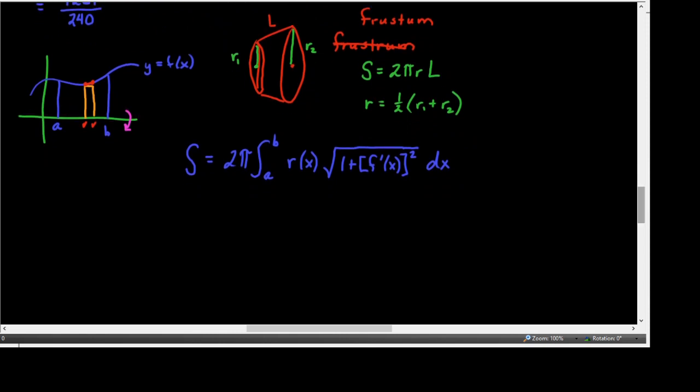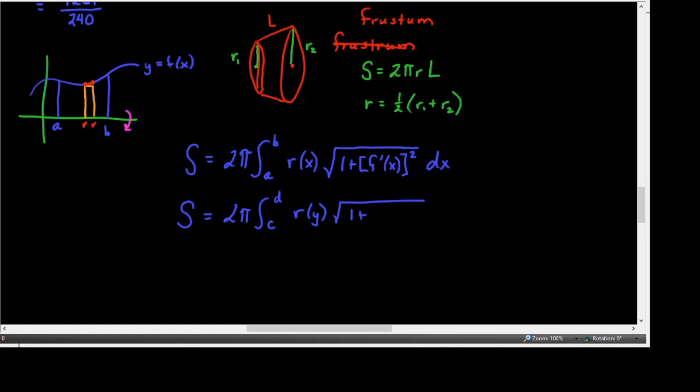Or it could be, as you'll see in a second, a radius in terms of y, if our information is given in the form of x equals f of y. So this would be a radius in terms of y.